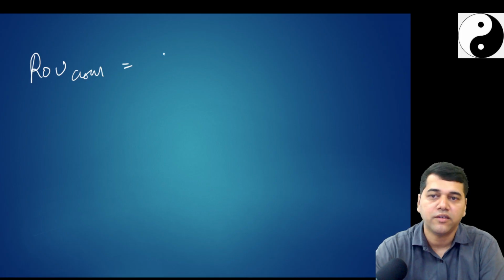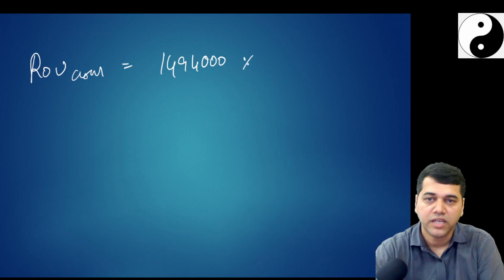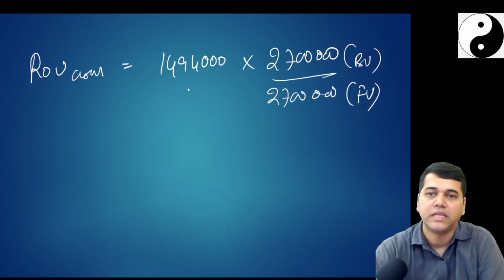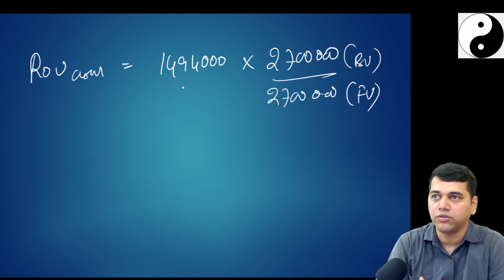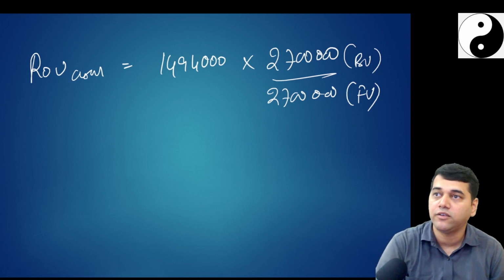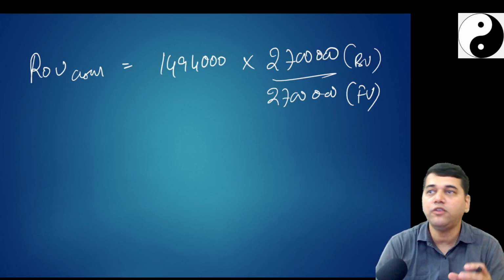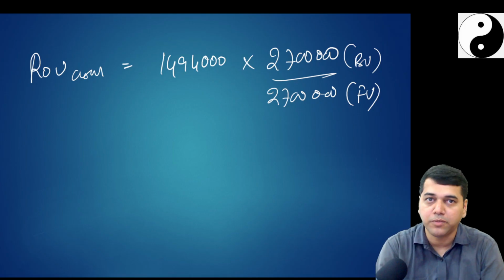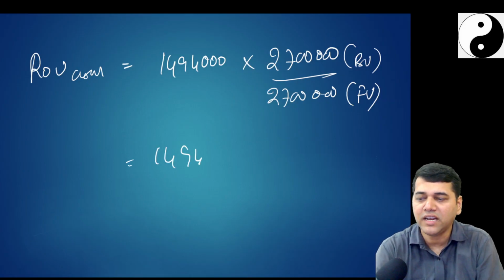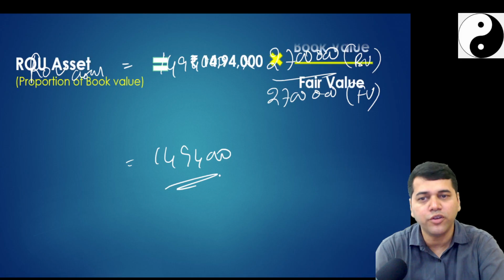Can you tell me, students? 14,94,000 into the book value of 27 lakhs, divided by the fair value of 27 lakhs. So for 27 lakh fair value, 14,94,000 is the present value of the lease payment. For 27 lakh book value, what is my value? 14,94,000. Clean. That is the beauty of this thing.